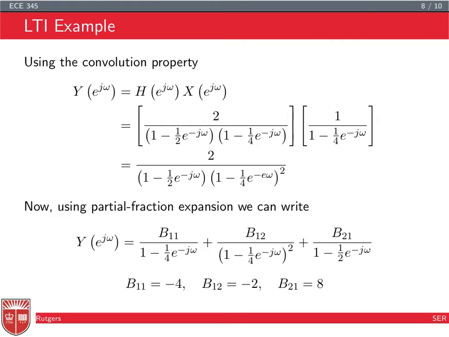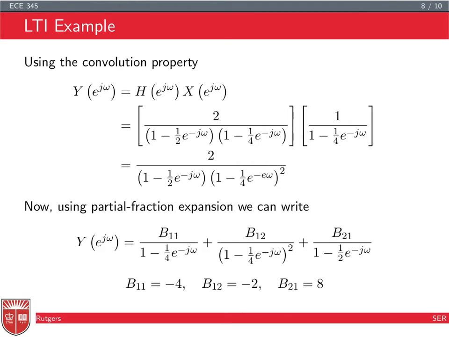We know that the output of the LTI system in the frequency domain is the product of the input with the frequency response. So we know that Y(e^jω) is equal to H(e^jω) times X(e^jω), and I have the expression of each one of these terms. The frequency response is this part here, and X(e^jω), which is for (1/4)^n u[n], is 1 over 1 minus 1/4 e^(-jω), which is this part.